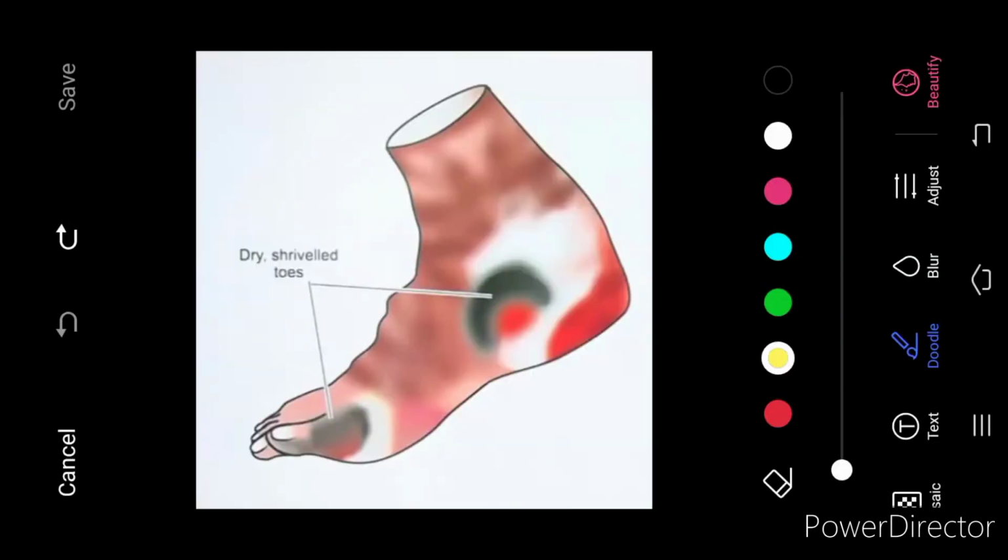So here we can see the figure of dry gangrene. The artery of this area has been obstructed, due to which there is little or no supply of blood, causing coagulative necrosis of this area.